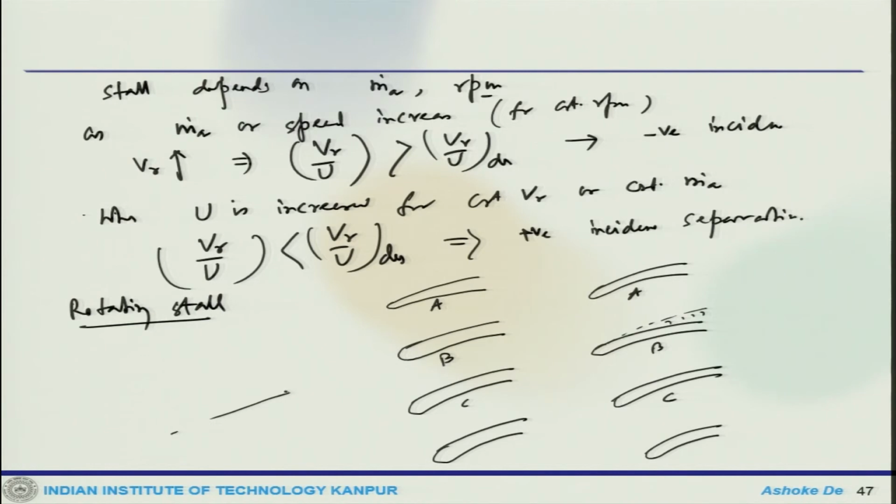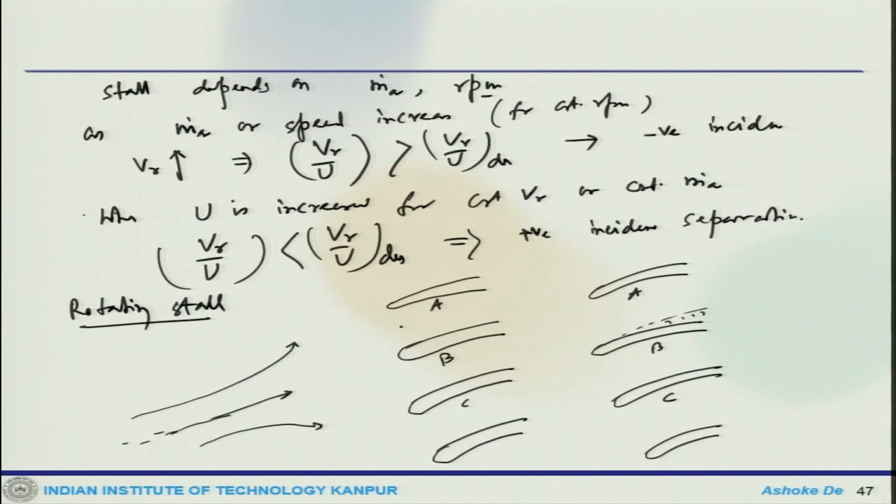So, this is how the flow comes in and it distributes in these passages. When one passage actually stalls, the flow gets deflected. Essentially the flow is supposed to come in this direction, but due to the stall the flow gets deflected towards another passage. When that happens, alpha for one of the neighboring passages also increases.